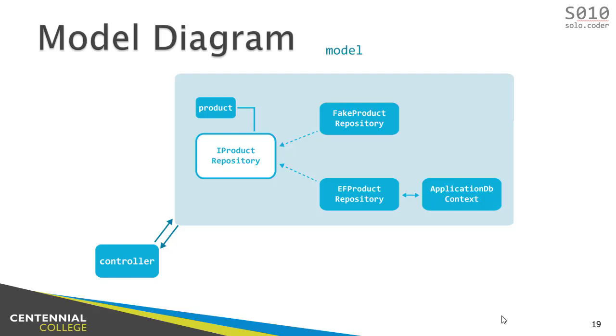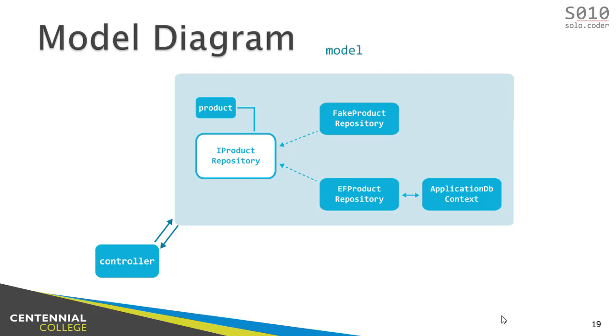Now, our application DB context will be using Entity Framework to be able to connect to the database. So we use a set of libraries called Entity Framework, provided by Microsoft, provided by .NET Core, that will allow us to reach the database.